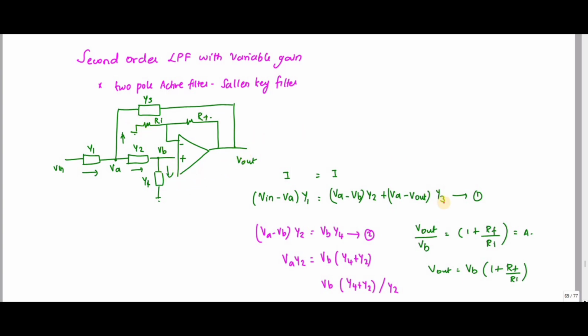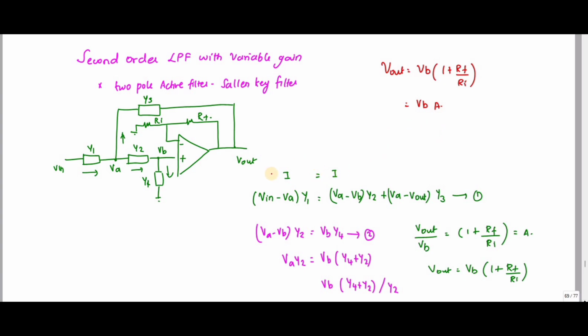So I can write Vout is equal to VB into 1 plus RF by RA, right? So this is nothing but VB into A. See, this A is the gain of the non-inverting amplifier.